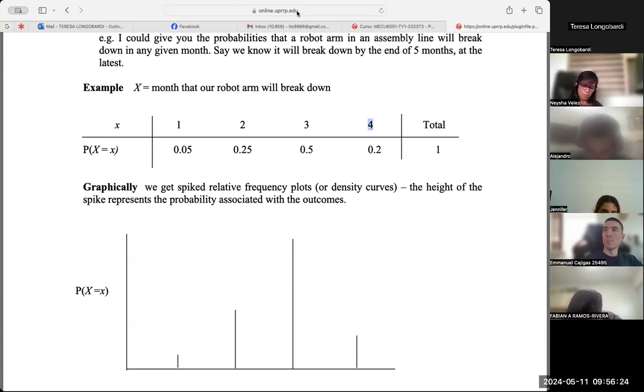How do you interpret that? Professor, could you repeat the question? Yes. Looking at this distribution, what is the life expectancy of this robot arm?